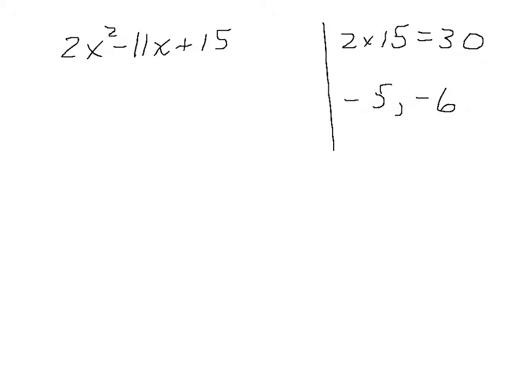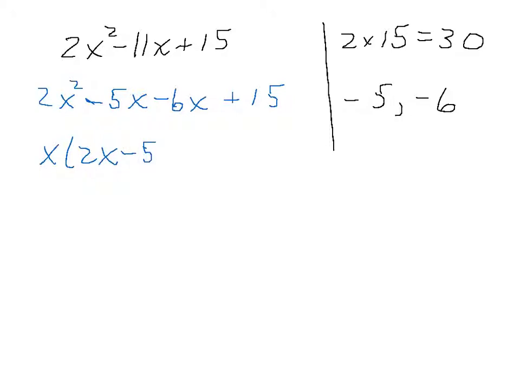So I go back to my original problem and I rewrite the middle term as minus 5x minus 6x, right? That's the same as minus 11x plus 15. So out of the first two terms I can take an x, and I get 2x minus 5. Out of the next two terms I can take a minus 3 out, and I get 2x minus 5.